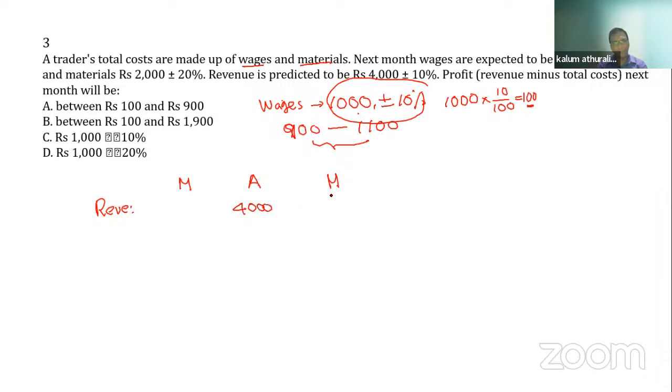What should be the minimum and maximum? How to find that? We take 4,000 times 10%, which is 400.